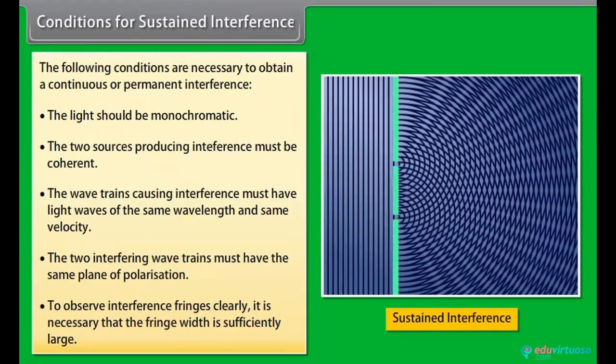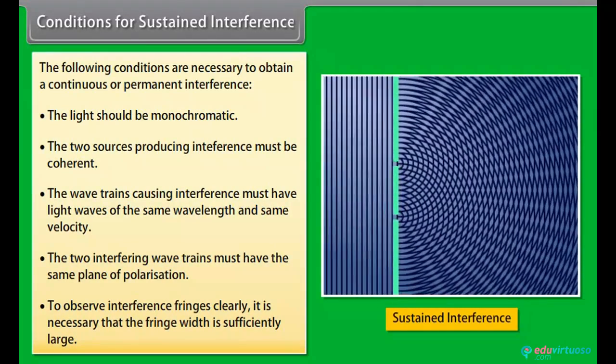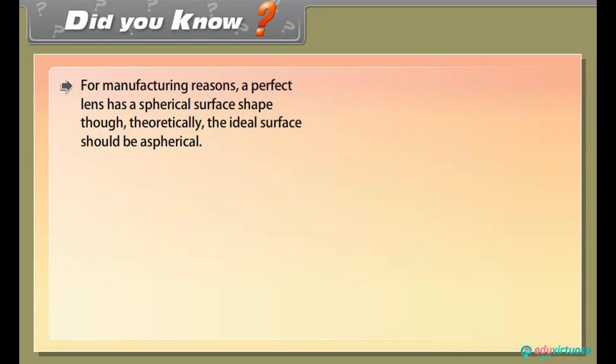To observe interference fringes clearly, it is necessary that the fringe width is sufficiently large. Did you know? For manufacturing reasons, a perfect lens has a spherical surface shape, though theoretically the ideal surface should be aspherical.